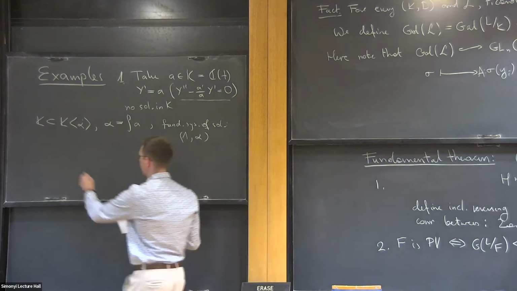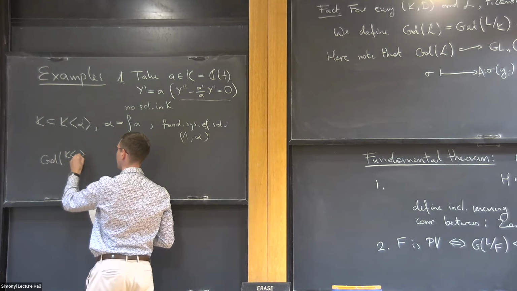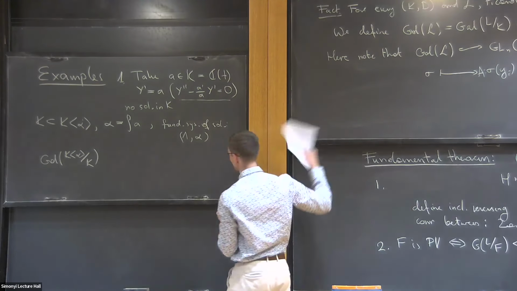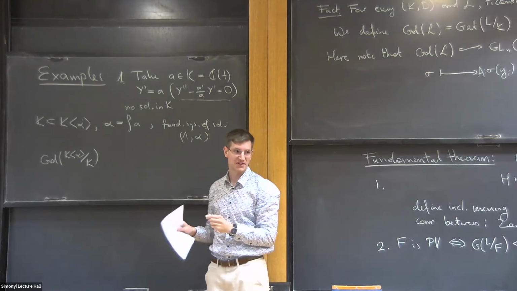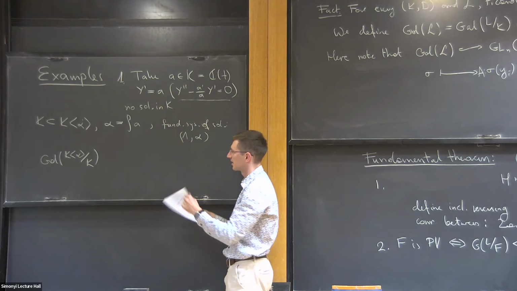So here, the Galois group of K(alpha) over K. I guess the equation that was written here before was when a was t and alpha was exponential of t.